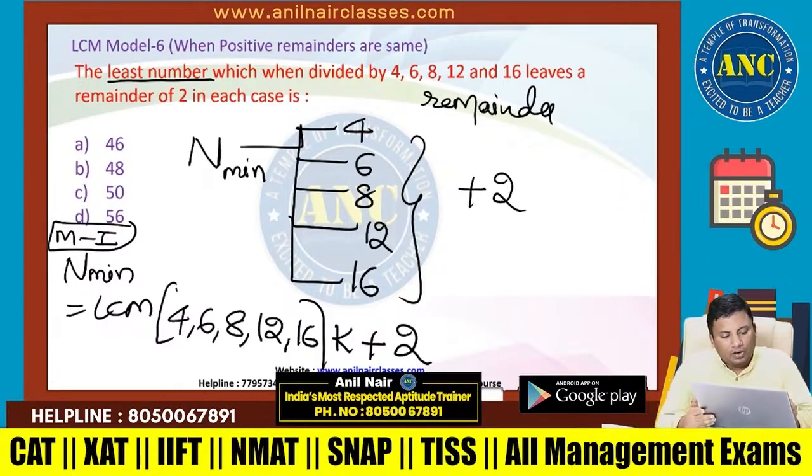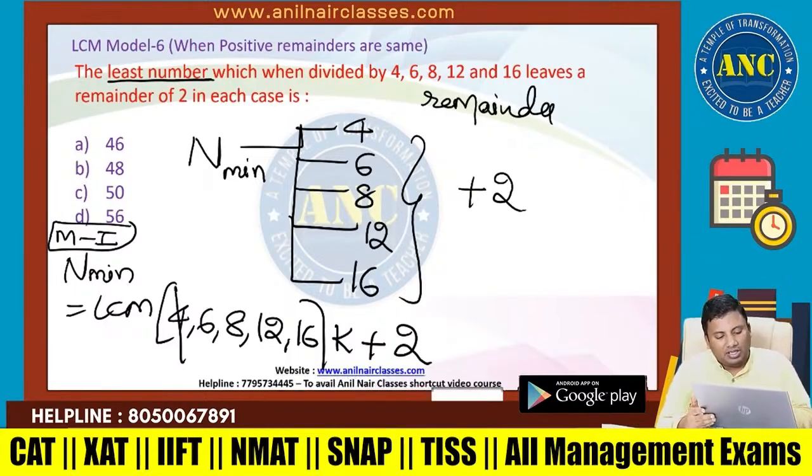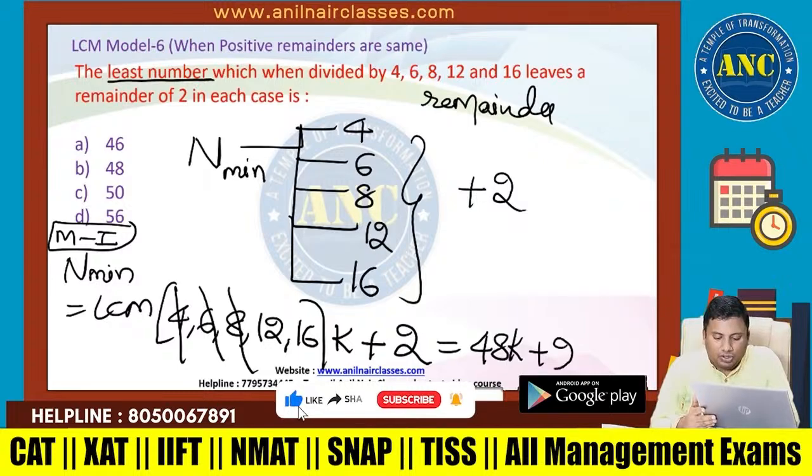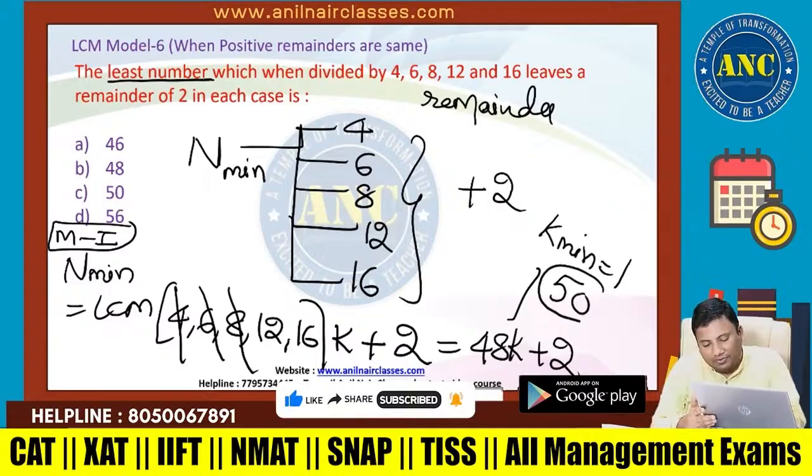Now 4 is a factor of 8, 6 is a factor of 12, 8 is a factor of 16, so the LCM is 48. The number is 48k plus 2. Because it is minimum, k minimum is 1. So 48 plus 2 is 50.